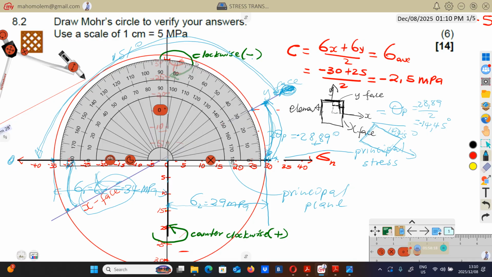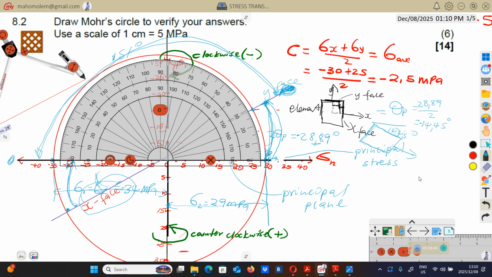To move this Y face to the principal plane, you have to move it in an anti-clockwise direction, which is positive. If the angle is in an anti-clockwise direction, then we have a positive angle. So this angle on the Mohr's circle is 151.